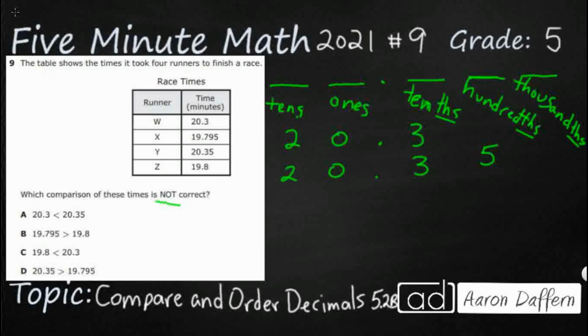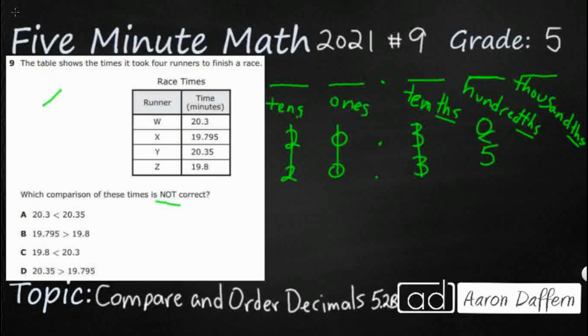We start at the left, so the biggest place value, the tens place is the same, the ones place is the same, the tenths place is the same, so the difference is really the hundredths place. And in that hundredths place we have a blank, which we can always put a 0 there, and a 5. So reading from top to bottom we can say, well, that 0 is going to be less than the 5, because 0 is less than 5.